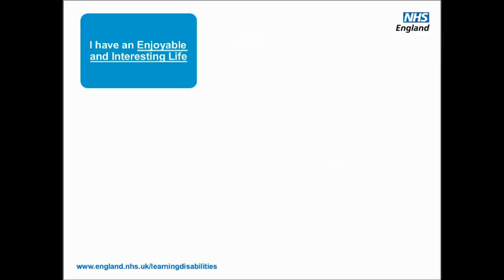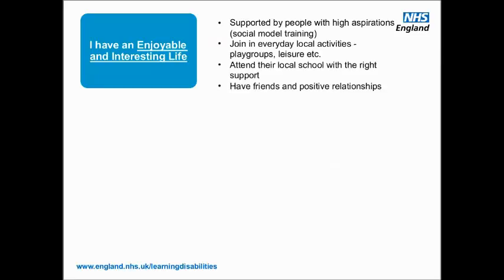So I'll just go through each of the 9 principles, and some of the things that we're saying around what commissioning intentions need to look like locally. So firstly, when we're talking about people having an enjoyable interest in life, we're talking about children and young people being supported by people who have high aspirations for them.